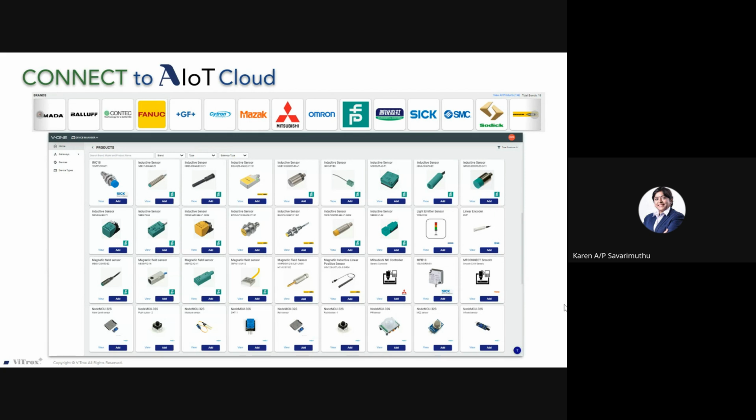We know that the majority of these components are being used by manufacturers, so we already put everything inside. You just have to click it and you can start off. That is the most important part because we are using AI. So the AI already knows what to do with these components that are pre-installed for our customers.